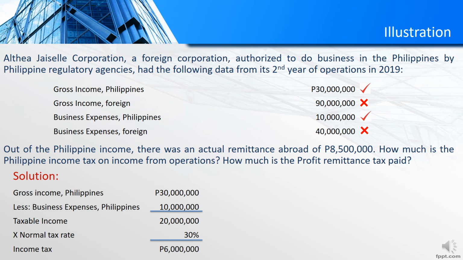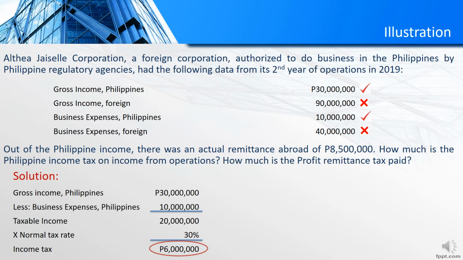Take note that Althea J-Cell Corporation is in its second year of operations. So it will be the normal tax only that will be computed. So our answer for the first question is 6 million.